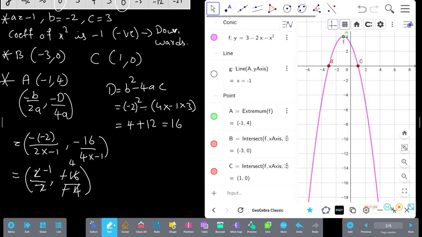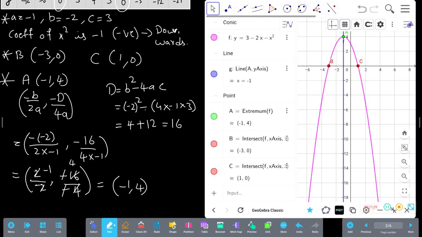So we get the point as minus 1, 4. Okay, so this is about the vertex of this parabola, and now we can see this is the axis of this parabola. The axis is the line passing through the vertex and parallel to the x-axis, right?